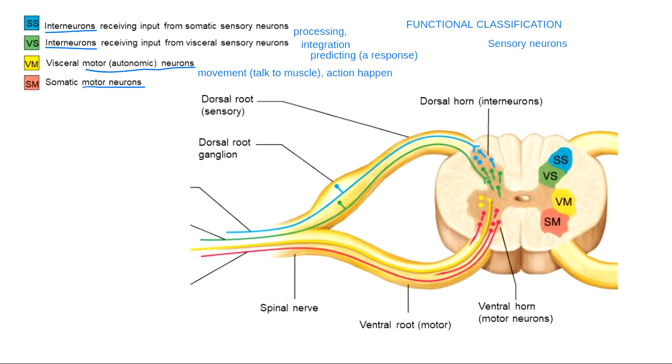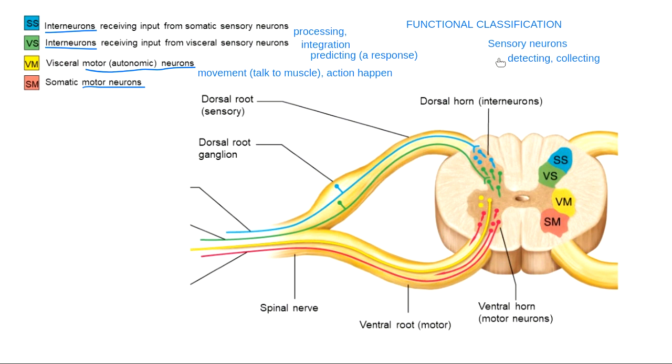I'm seeing words like detecting information, collecting information. Sensory neurons are my receivers, if you will. So sensory neurons collect my information, or they're detecting change happen around you.